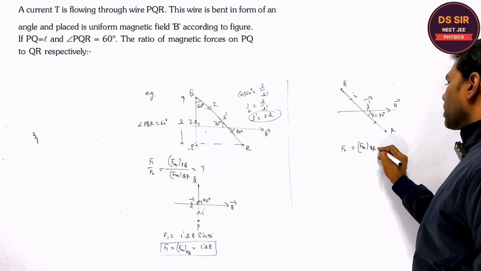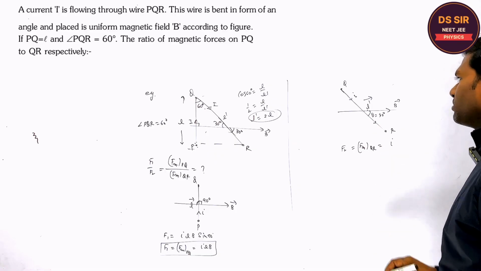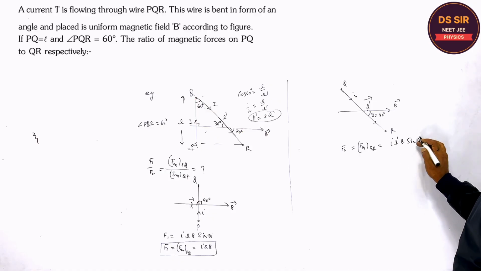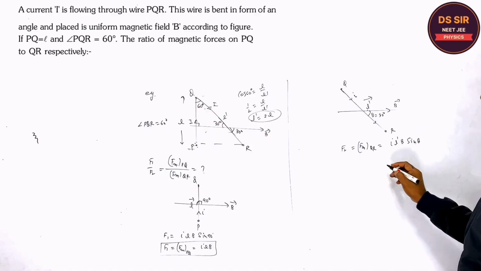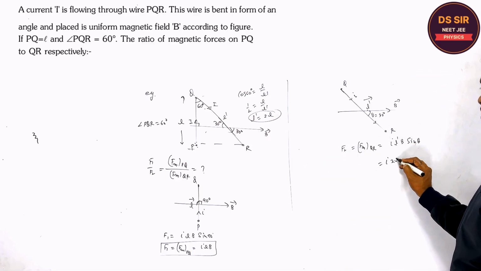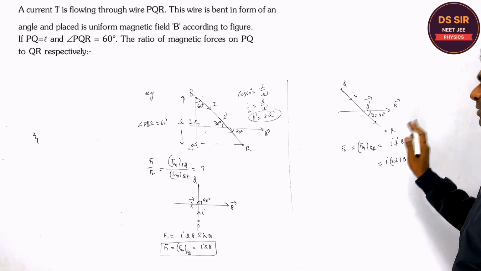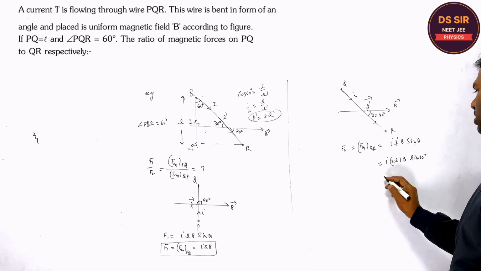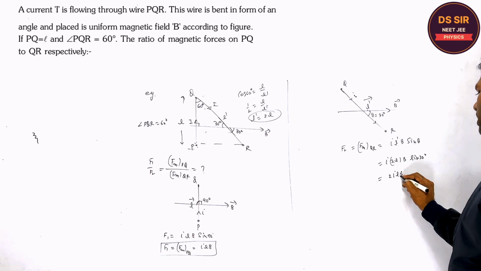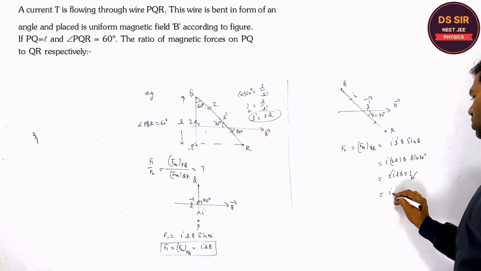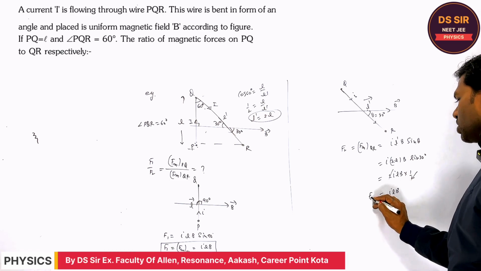So the magnetic force F2 on QR will be equal to what? I L dash B sin theta. Is it clear or not, you tell? Yes, sir. I, what is L dash? 2L. What is the magnetic field B? As it is. And sine 30. So 2ILB into 1 by 2. Sine 30 value is 1 by 2. 2 will cancel out. It is equal to ILB.